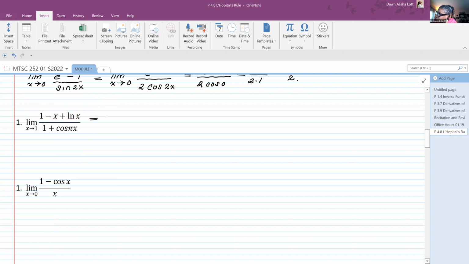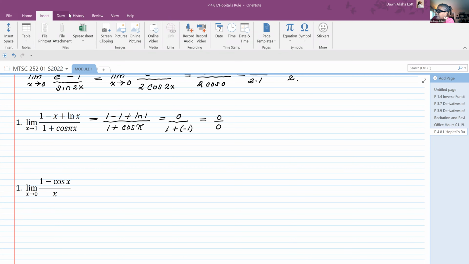So I'm going to get 1 minus 1 plus the natural log of 1 divided by 1 plus the cosine of pi times 1, which is just the cosine of pi. So I get 1 minus 1 is 0 plus the log of 1. The log of 1 is 0, so I get 0 over 1 plus, and the cosine of pi is -1. So this again gives me 0 over 0.